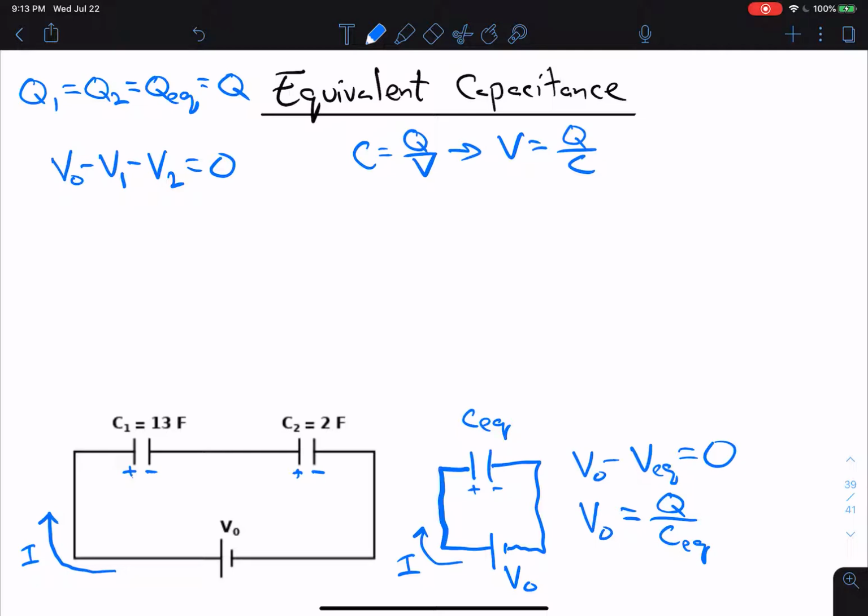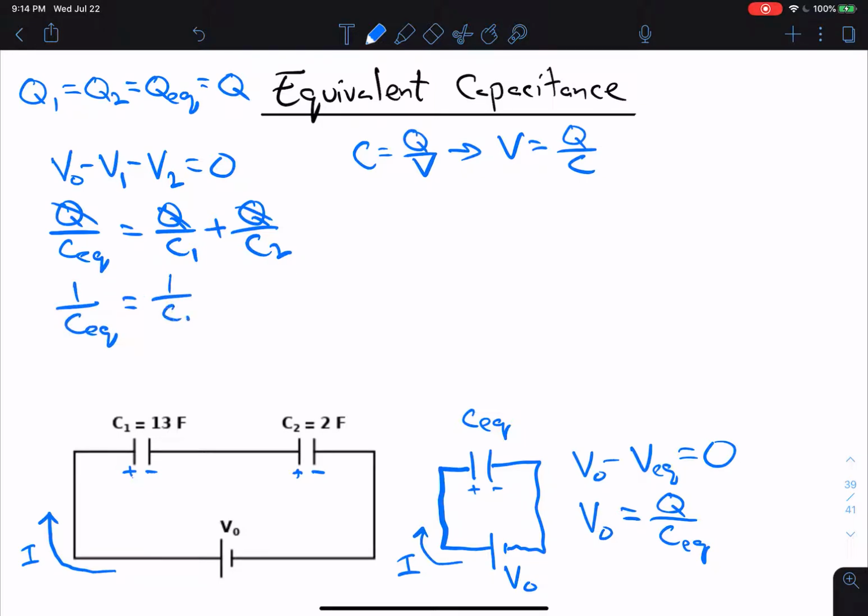And I can take that now and plug that in here, as well as making similar substitutions for V1 and V2. Okay. So I'm going to have Q over CEQ, and that's going to equal Q over C1 plus Q over C2. The Q's all cancel, and I'm left with 1 over CEQ equals 1 over C1 plus 1 over C2.